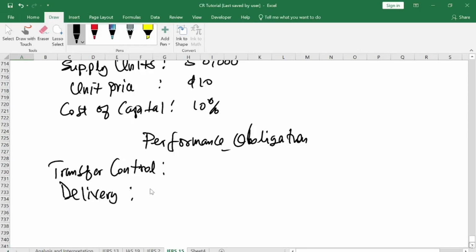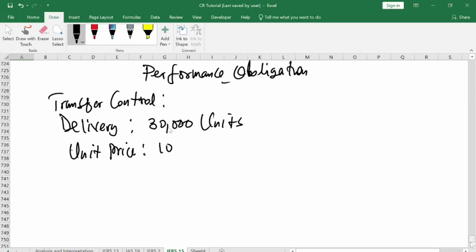They delivered how many goods? 30,000 units. And what is the unit price of the contract? It's 10 cedis. So when you multiply, your receivable is how much? 30,000 times 10 cedis will give you 300,000. So this is what you've delivered to the company.